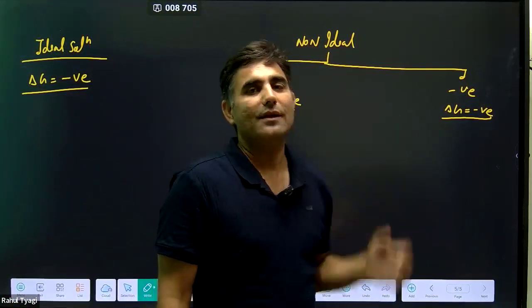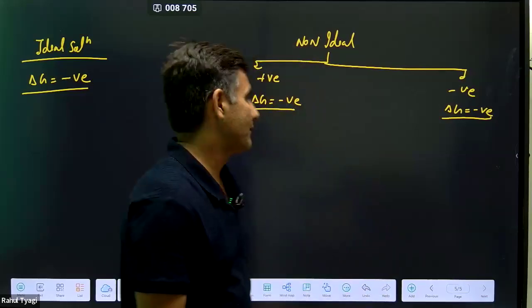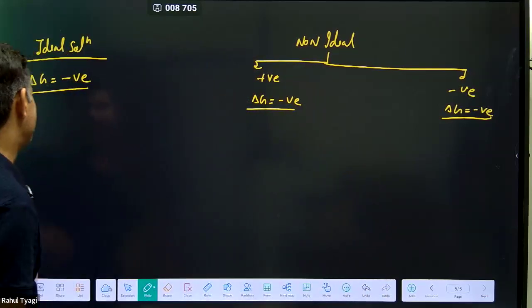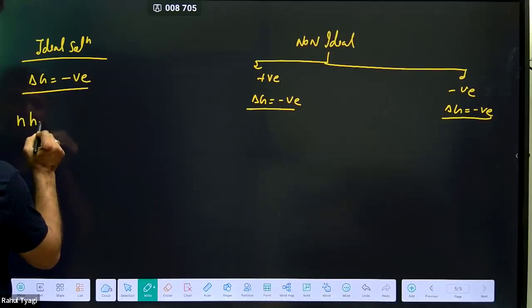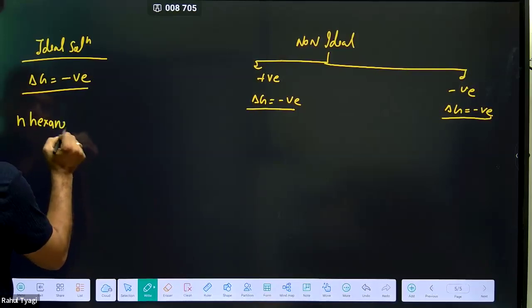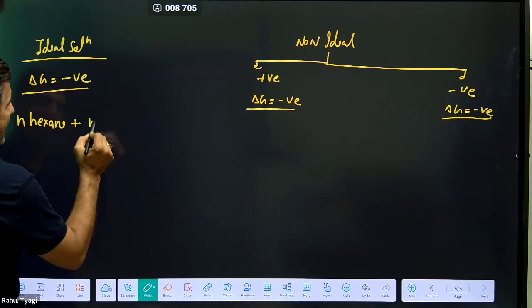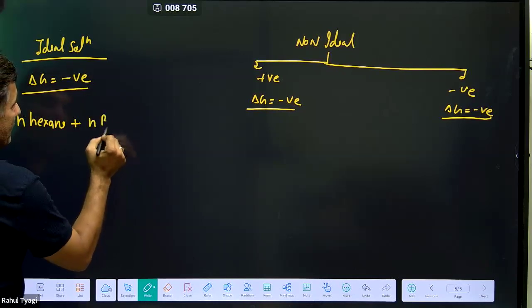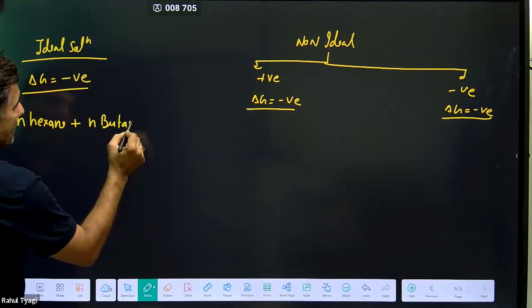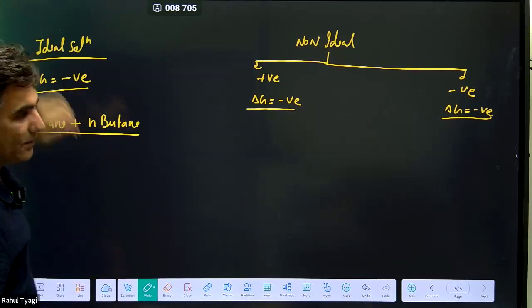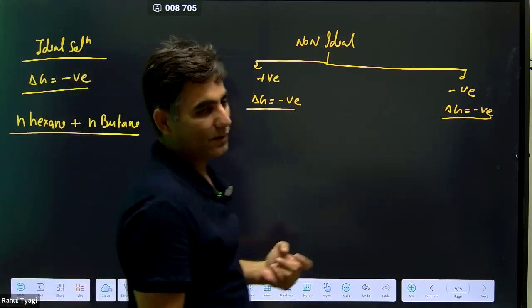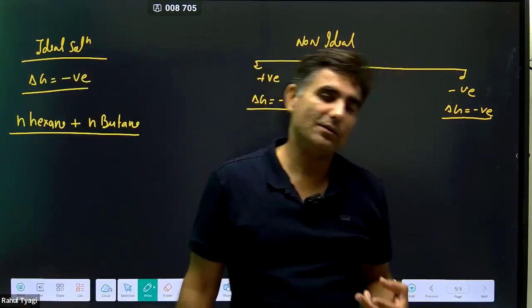They will give you a pair and ask you to predict, for example, this pair N-hexane plus N-butane: is it an ideal solution or a non-ideal solution?